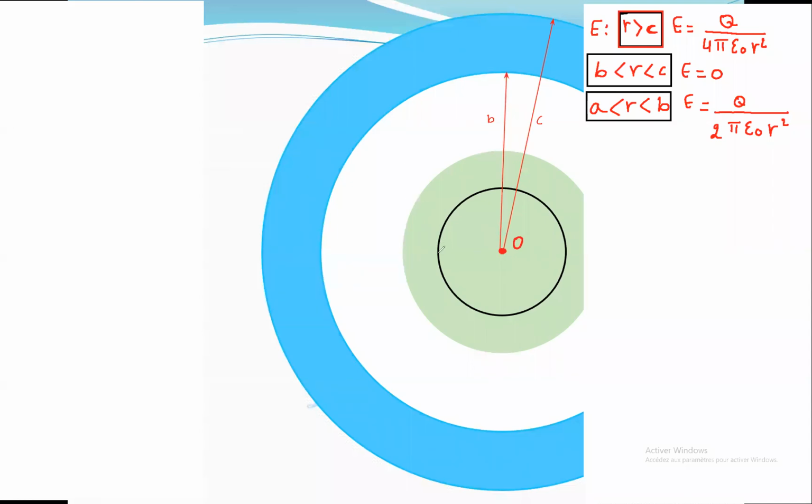The last point, point D, here we have a Gaussian surface, the black one. At the point D, we have dA out, and we have a positive charge of the sphere, so E is out. E and dA have the same direction.